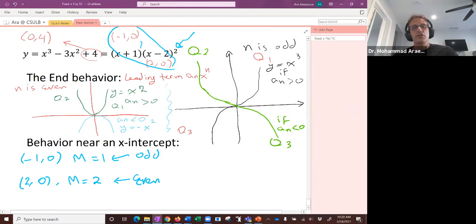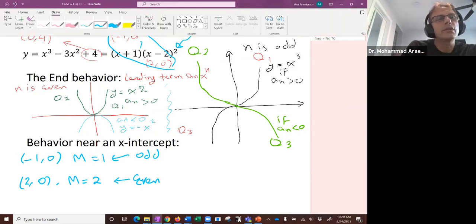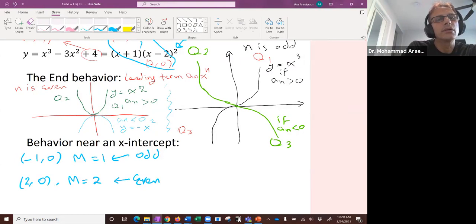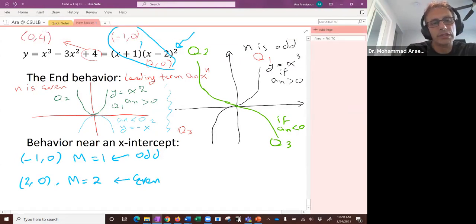So what is the difference? I hope you remember. When we have an odd multiplicity, the graph will cross the x-intercept at that point.